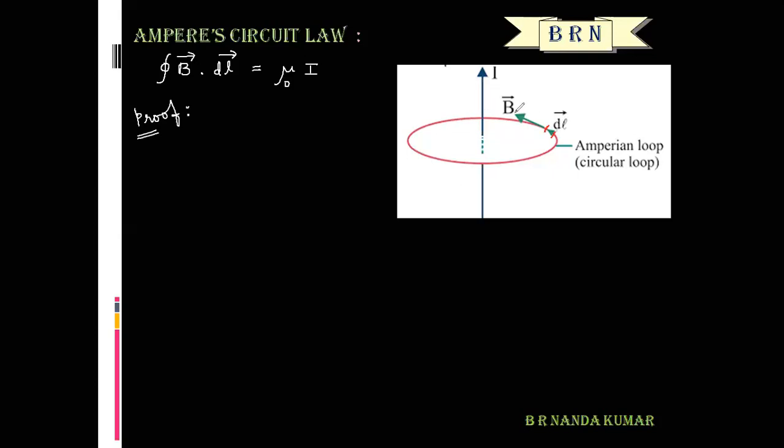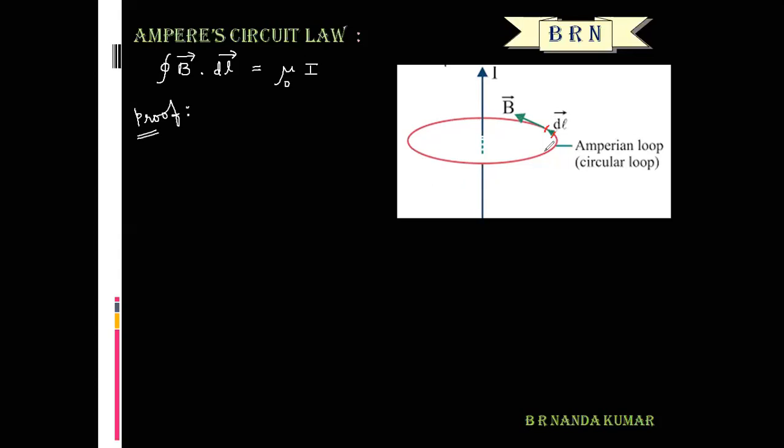The magnetic field is also tangential to the circular path. The direction of magnetic field at each and every point on the loop is always tangential, and the direction of dl vector at every point on the loop is also tangential to the circular path.